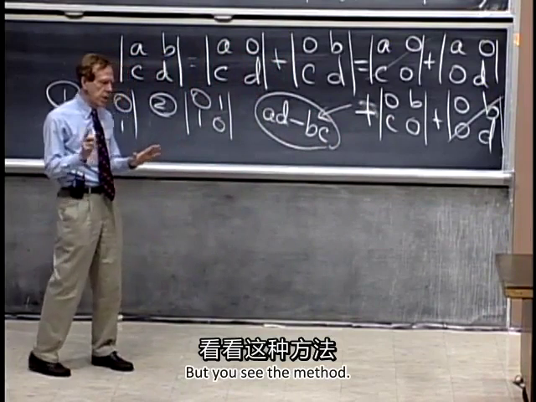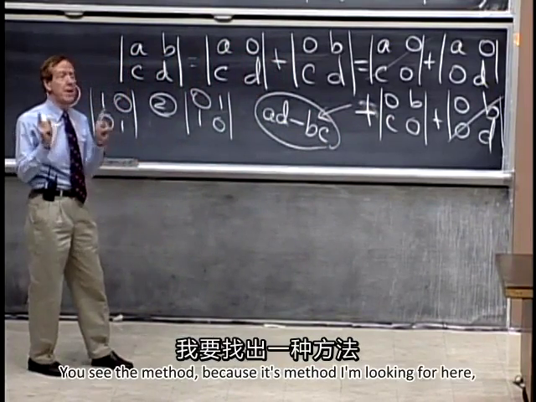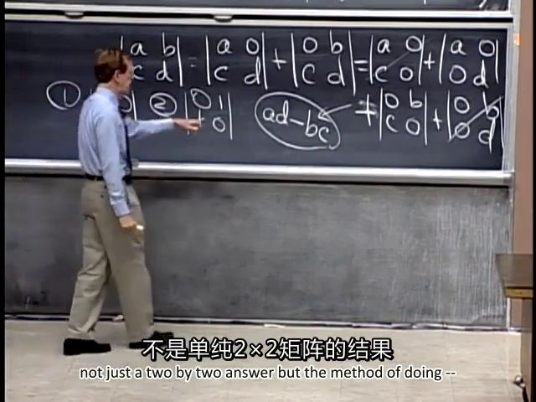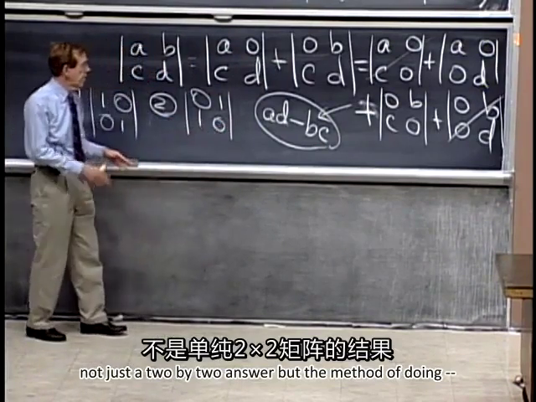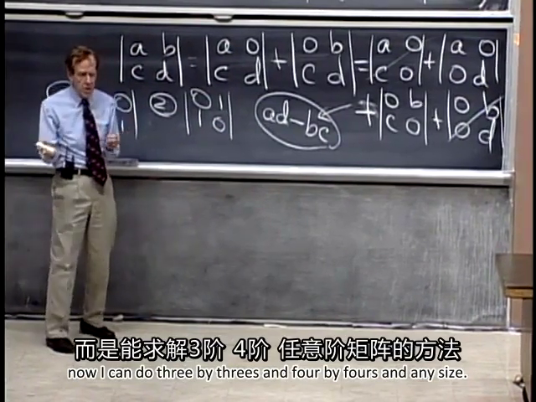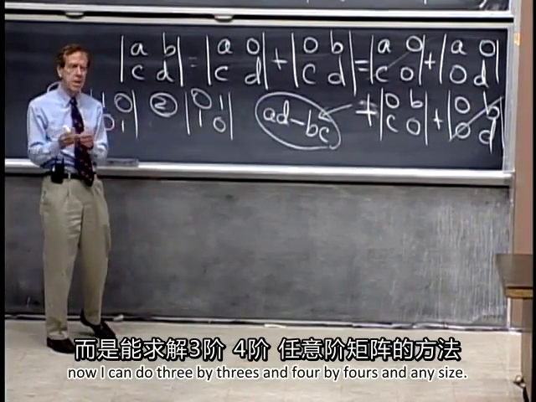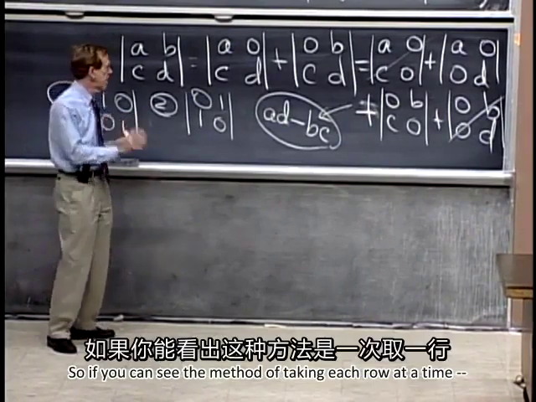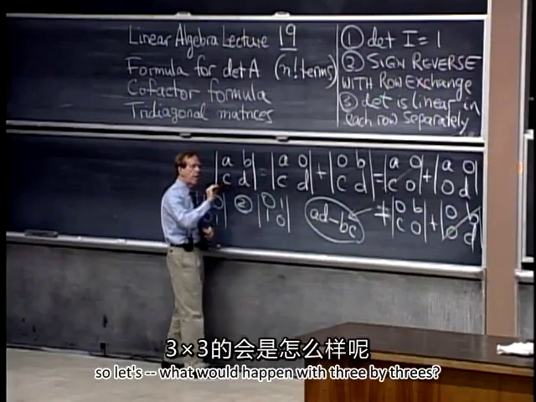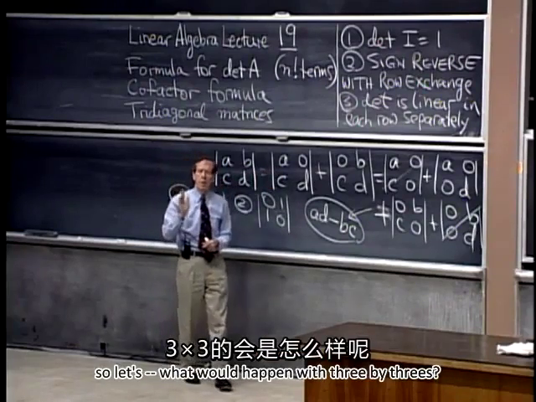But you see the method. It's the method I'm looking for here, not just a 2 by 2 answer, because now I can do 3 by 3s and 4 by 4s and any size. If you can see the method of taking each row at a time, what would happen with 3 by 3s?